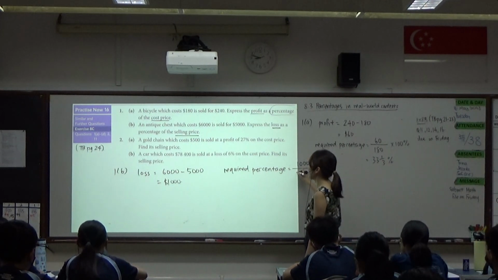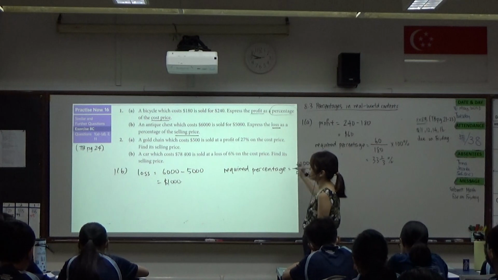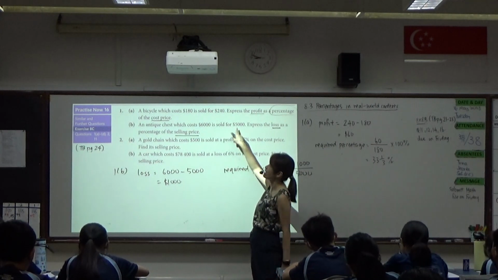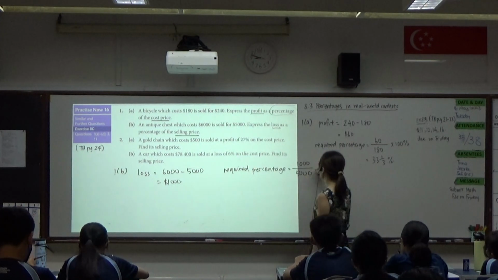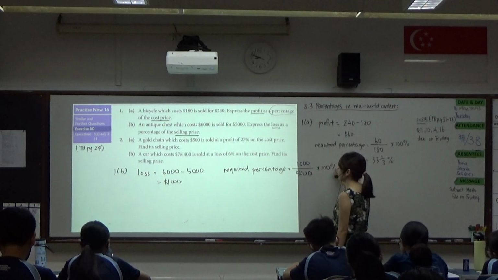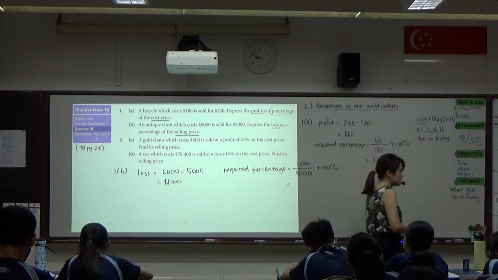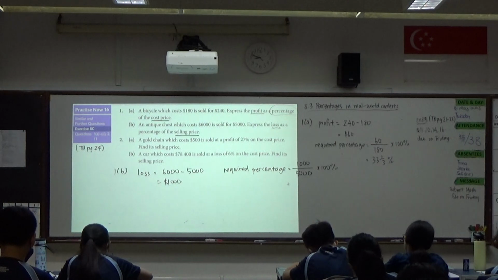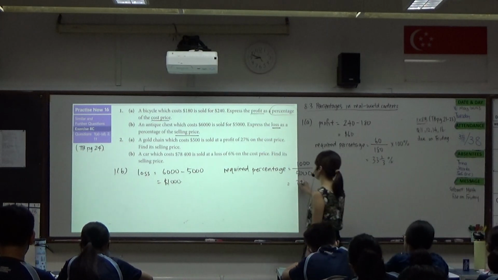Selling price is 5,000, so it is being sold for 5,000. Recognize that this is the selling price, then times 100%, and that would give us 20%.